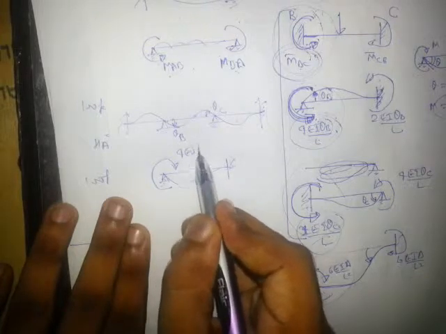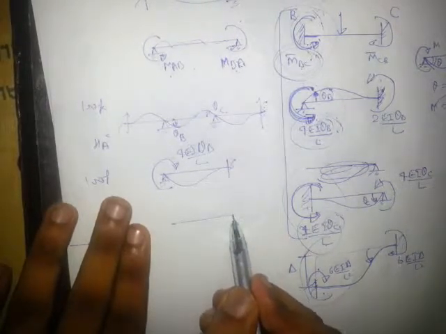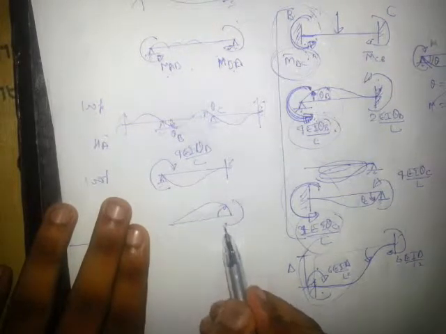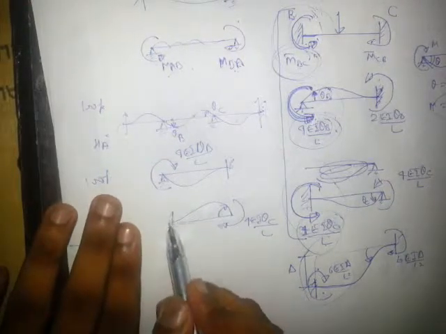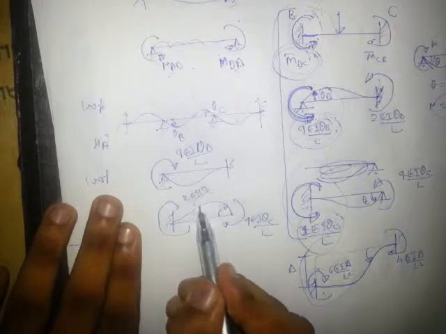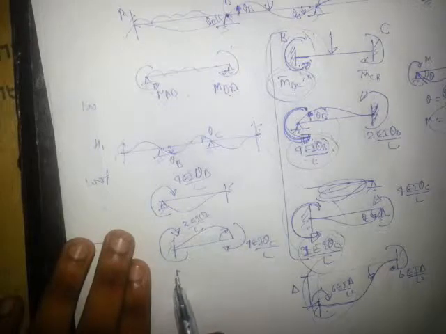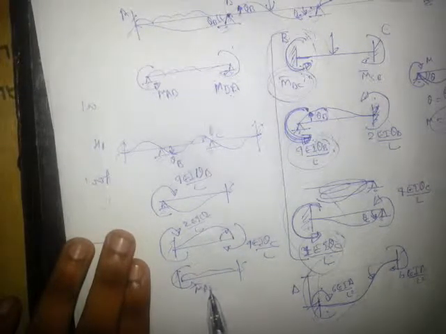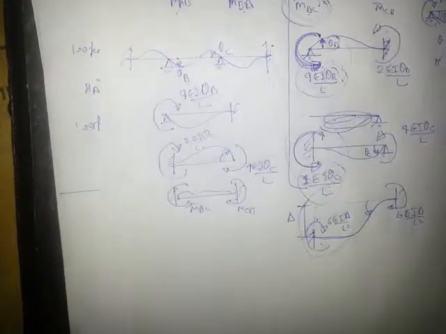This will be 4 EI theta B divided by L. Similarly here it is also clockwise, so it will be 4 EI theta C divided by L. Here will be 2 EI theta C divided by L. Add the whole effect. One will be the effect of fixed end moments, M bar BC and M bar CB, and one will be the effect of delta.